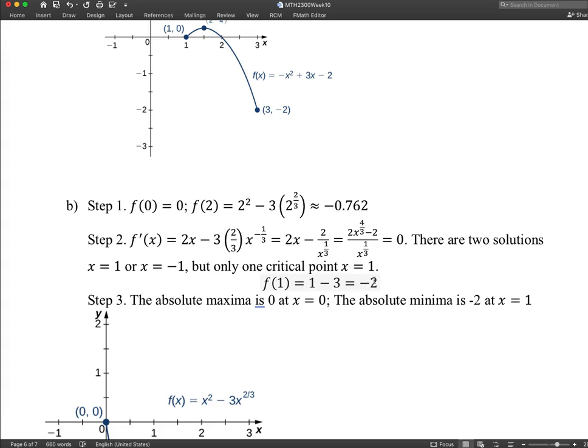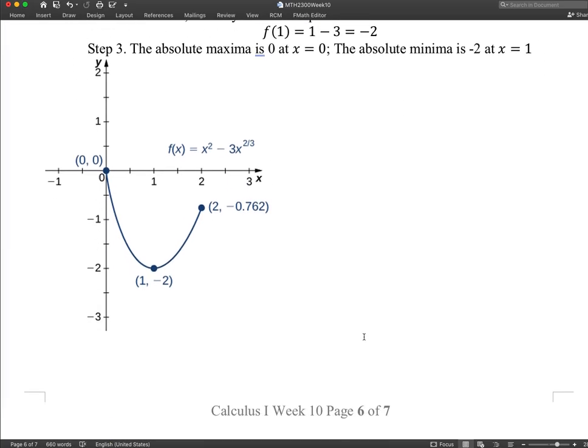We got 3 values: negative 2, negative 0.762, 0. So clearly 0 turns out to be the largest one. So the absolute maximum is 0 at x equals 0. And the absolute minimum is negative 2 at x equals 1.